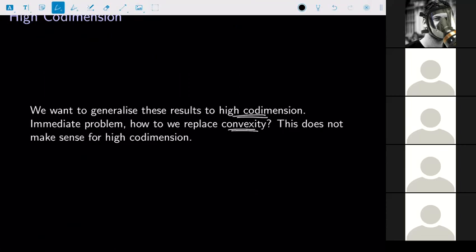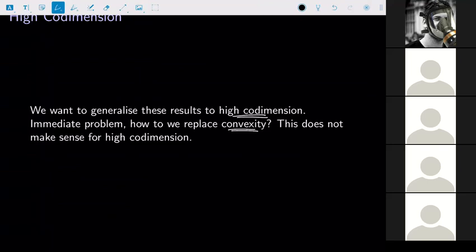So in codimension 1, because you only have one vector direction, you can turn this vector valued 2 tensor into a proper 2 tensor, and you can ask if this 2 tensor is positive definite. However, if you have high codimension, then the second fundamental form is only a vector valued 2 tensor. And you can't ask if a vector is positive or not, because that doesn't make any sense.